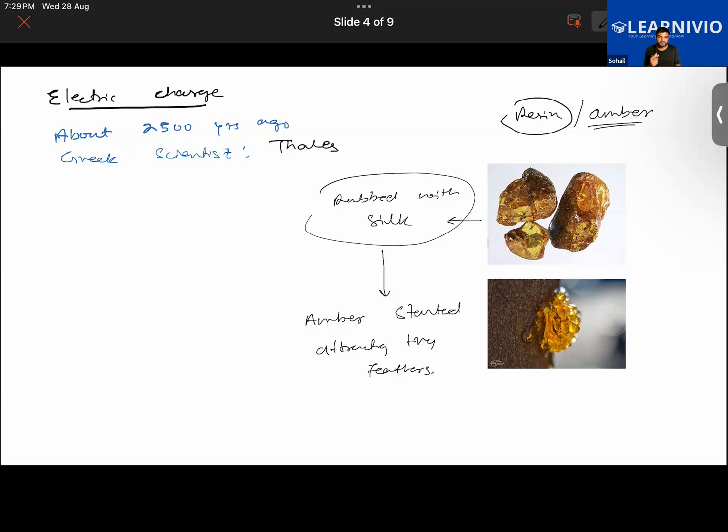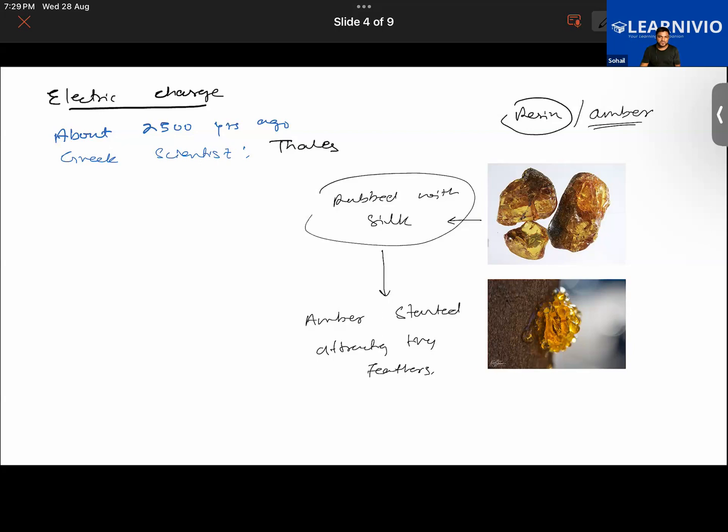So due to rubbing with silk cloth, it acquired some charges, and now it started to attract the feathers. About 2500 years ago, charges were discovered for the first time by Thales. So hope that is clear.